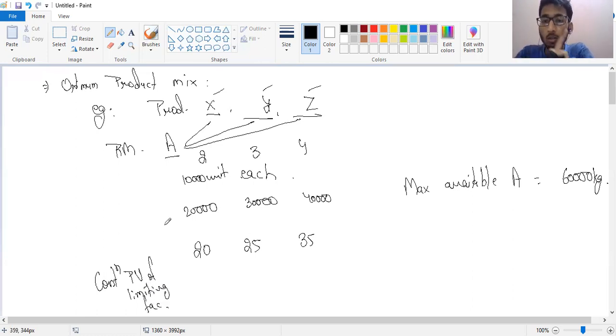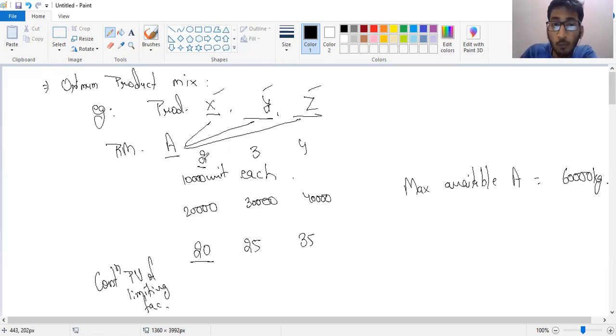Basically 20 rupees is the per unit contribution of X, and 25 rupees is the per unit contribution of Y. But since raw material A is in limitation, we need to see how much profit we get per unit of A. The per unit contribution for X is 20 rupees, and for making 1 unit of X you require 2 units of raw material.